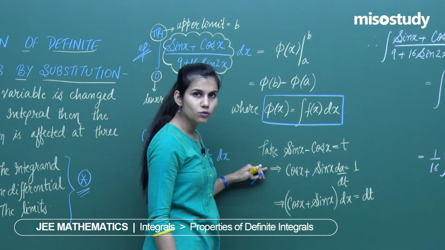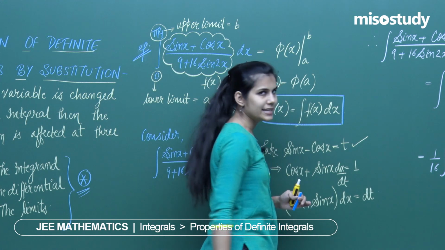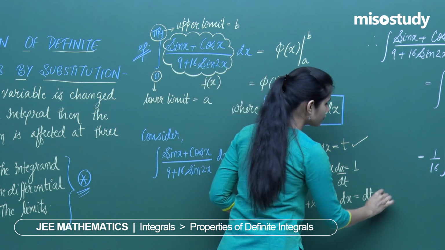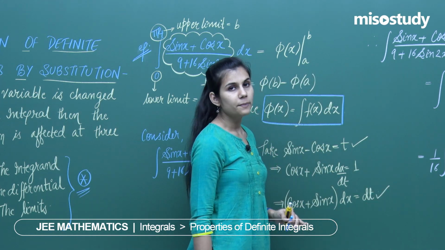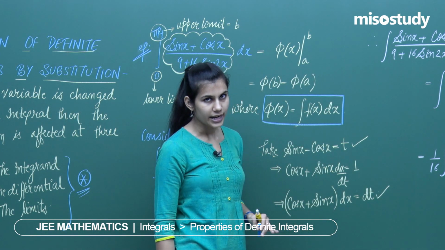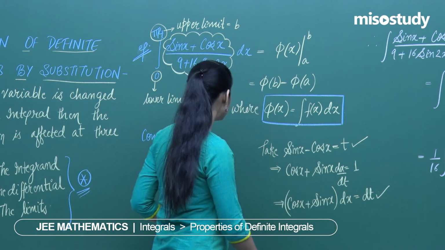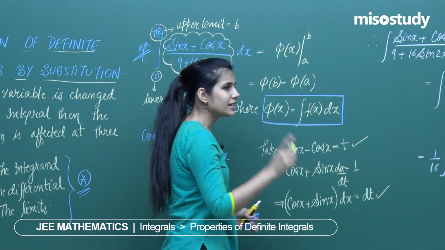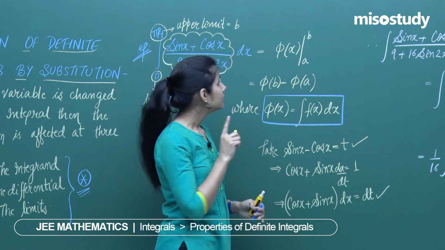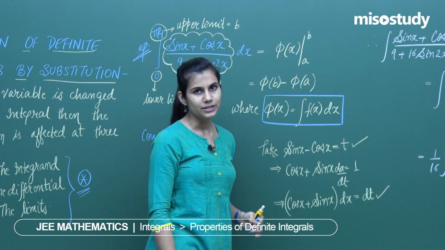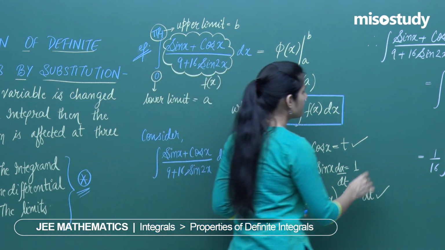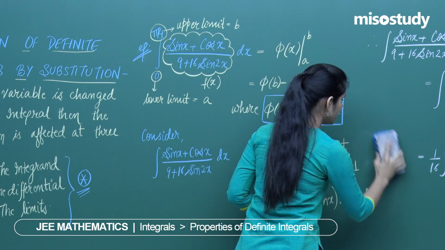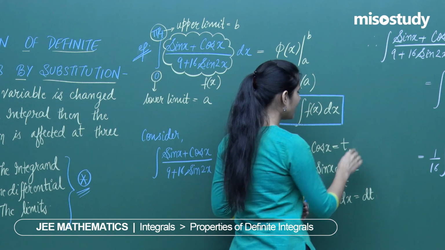When the substitution was made, everything which was x was written in terms of t, and the differential was changed from dx to dt. What about the limits, right? So limits were from 0 to pi by 4. When x is 0, what happens to t? When x is pi by 4, what happens to t is what is important at this particular point of time. And so, what is it that we are going to have?